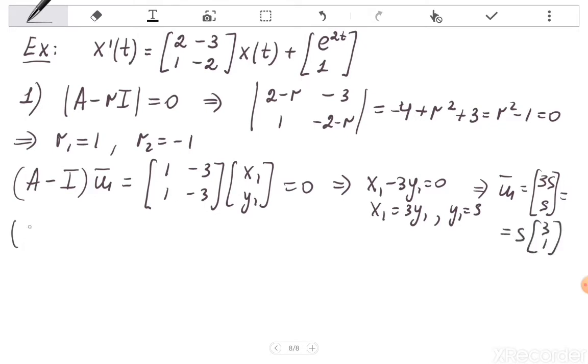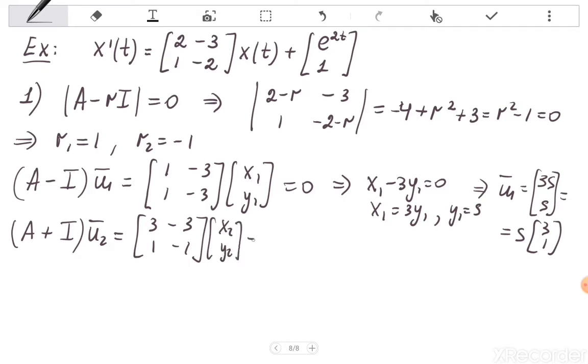And for the second eigenvalue, we have plus the identity here. So this will be 3, minus 3, 1, minus 1. Let's say x2, y2. And so we get from here that x2 is equal to y2. And so the eigenvector will be s times 1, 1.